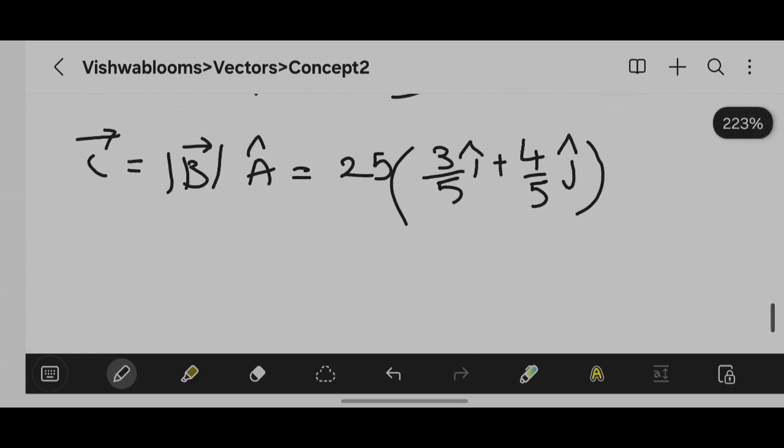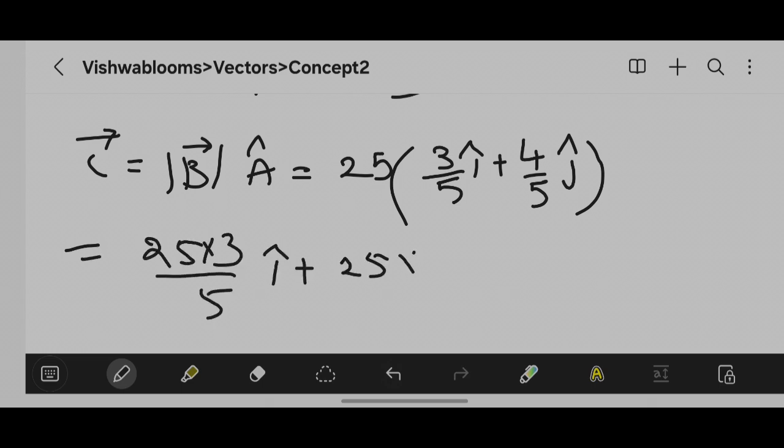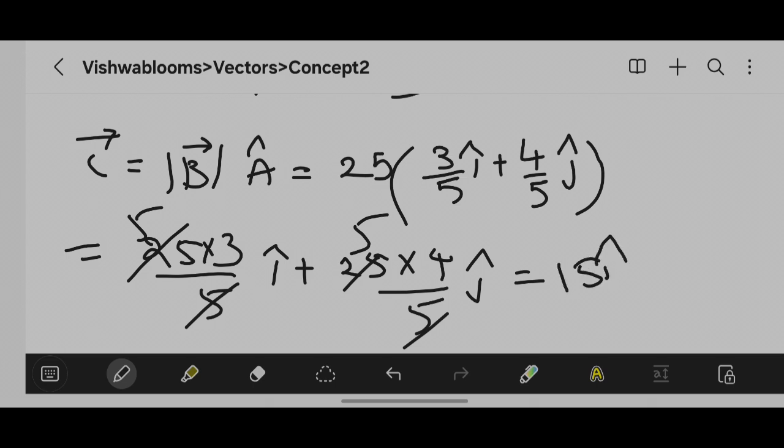Just multiply it: 25 into 3 by 5 i cap plus 25 into 4 by 5 j cap. This is simply 5 fives. So 15 i cap plus 20 j cap, which is option D again.